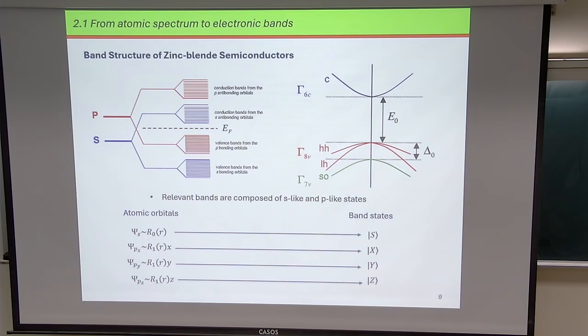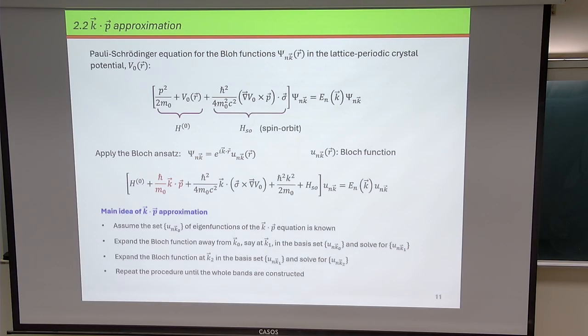The most relevant things happen at this point here, where the conduction band has a minimum and the valence band has a maximum. This occurs in these semiconductors at the center of the Brillouin zone. It's the k equals 0 point, called the gamma point. So for this k naught, I will choose 0.